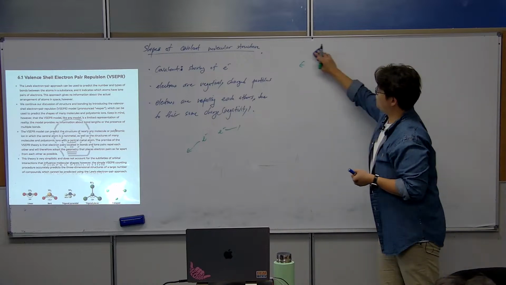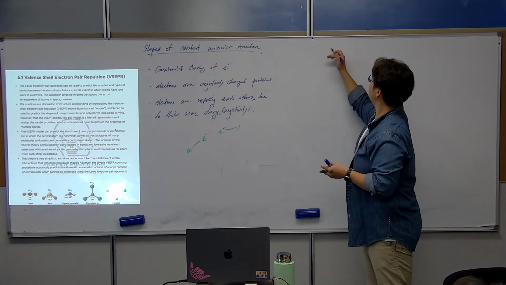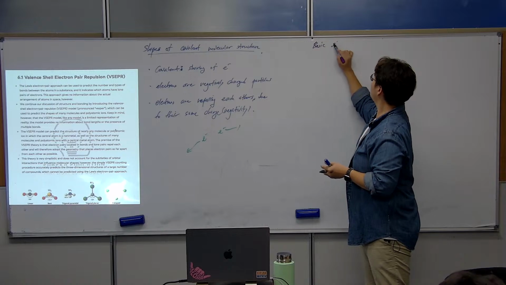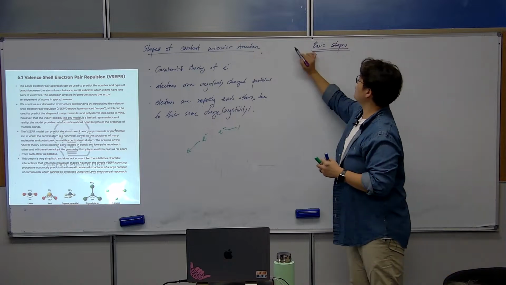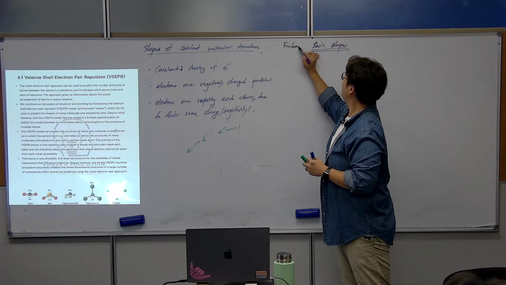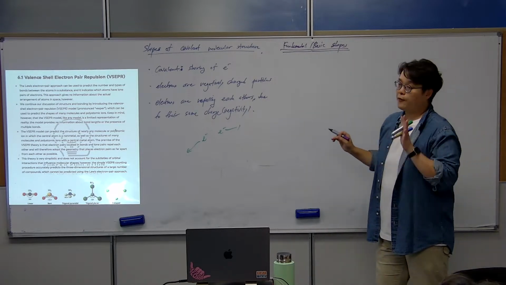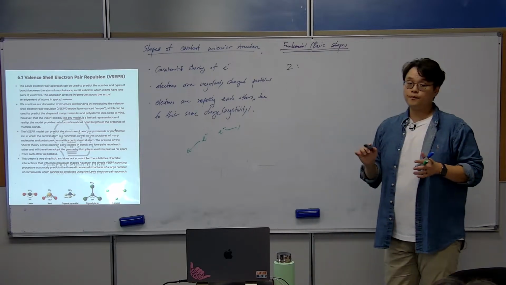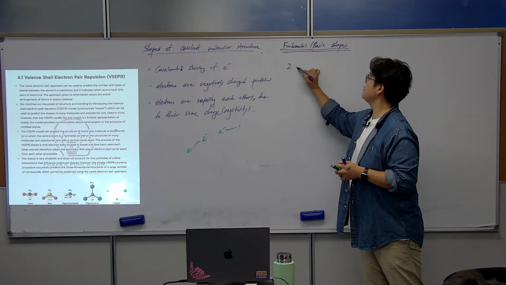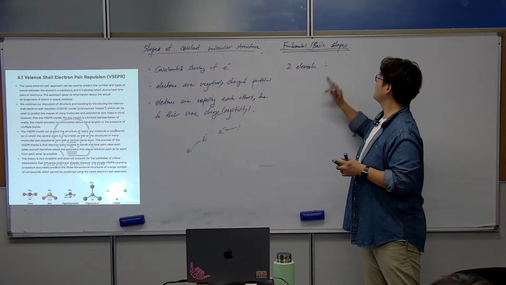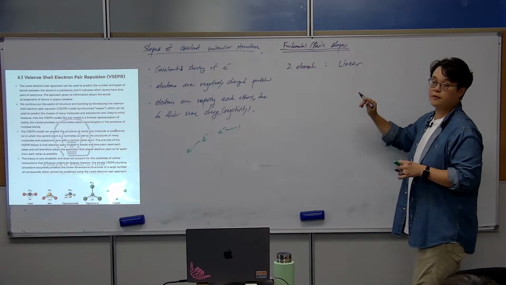So a few things you need to memorize: the basic, or fundamental, shapes. Now, if we only have a compound made of two elements, it has a basic shape of linear. That forms like this.